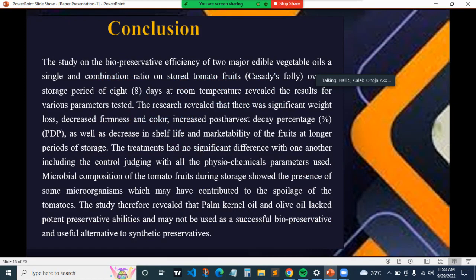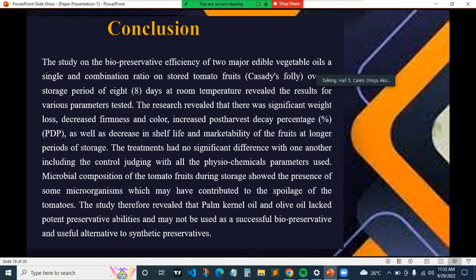So, conclusion, we discovered that at the end of the storage period, at the end of the research, the oils, that is the palm kernel and olive oil, could not help in increasing the shelf life of tomato.